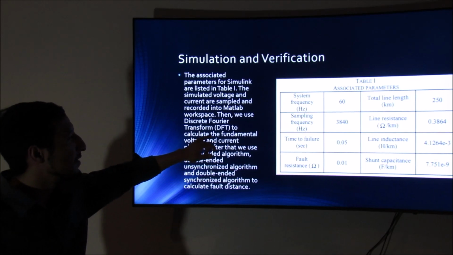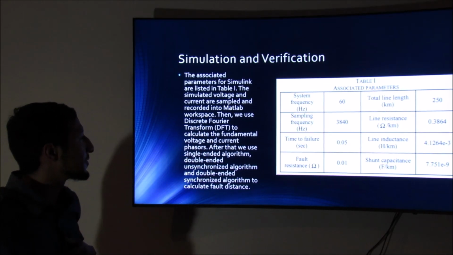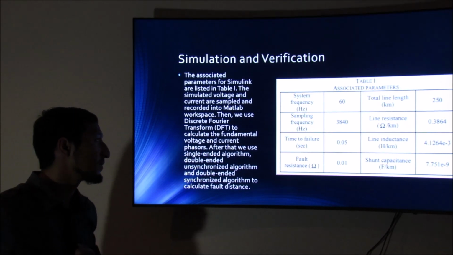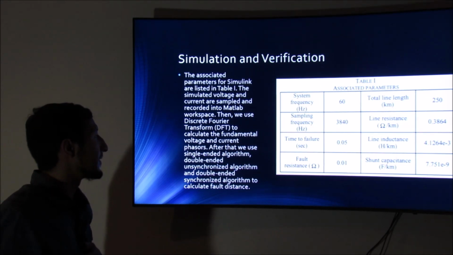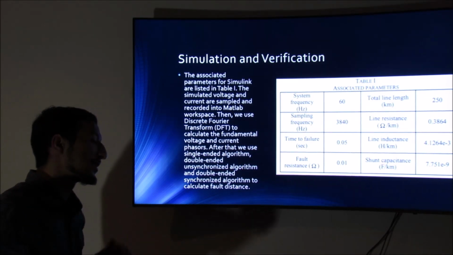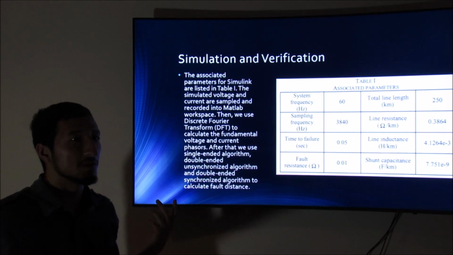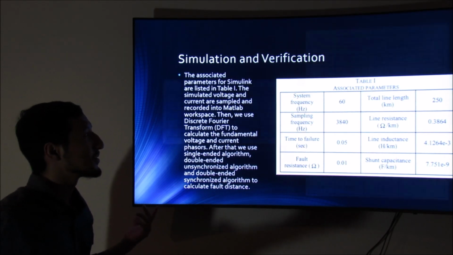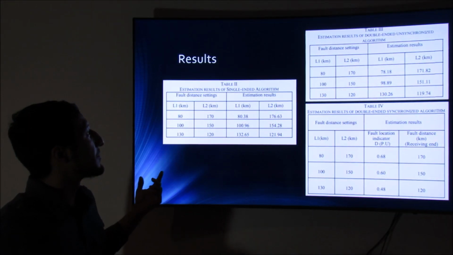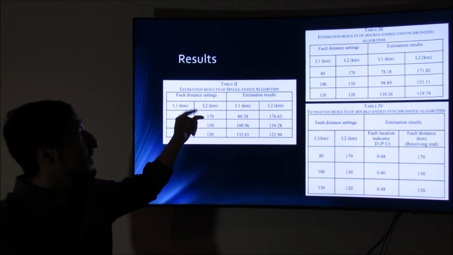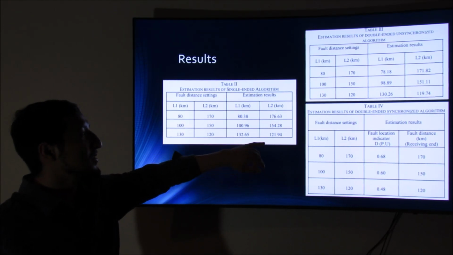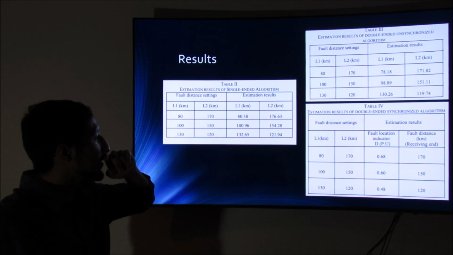They then use the discrete Fourier transform to calculate the fundamental voltage and current phasors, and after that they ended up testing each of the algorithms to see which one would give them the most accurate results. Here is the table of the results. You have the single-ended, the double-ended unsynchronized, and the double-ended synchronized algorithms.